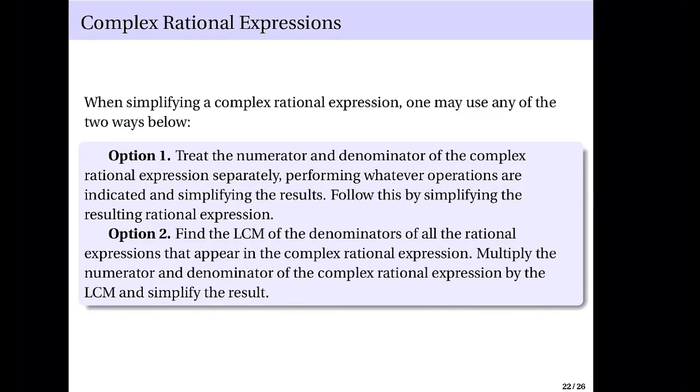In the next example, I will present solutions with the use of option 1 and option 2. And then it's up to you which option you would prefer to use. Okay? But again, I will show the solutions of the record. So let me show you this first example.